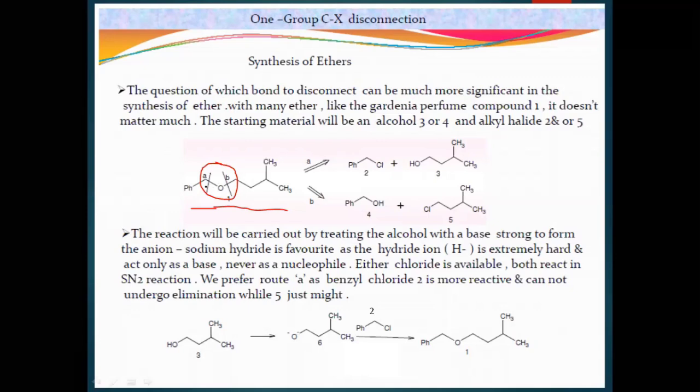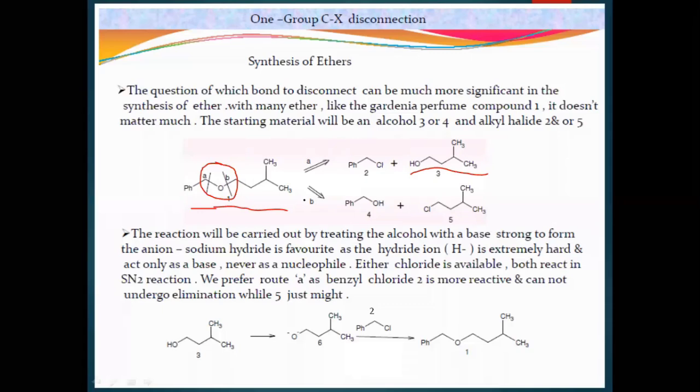Suppose you follow the disconnection in this fashion, path A. The synthon formed will be PhCH2 plus, and the synthetic equivalent will be PhCH2Cl. On the other hand, O minus will be the synthon, and protonation of O minus results in the formation of the alcohol.